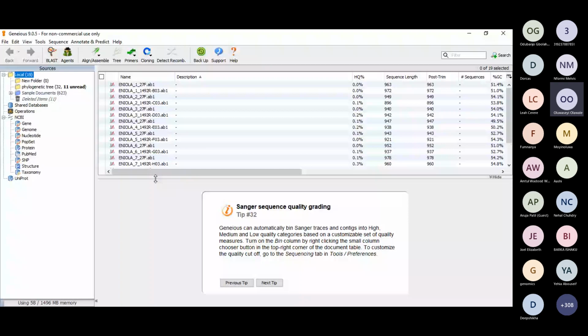So in different aspects of genomics, this particular bioinformatics tool, sorry for that, I think I was a bit distracted here.